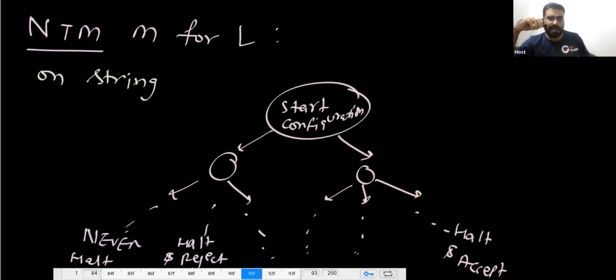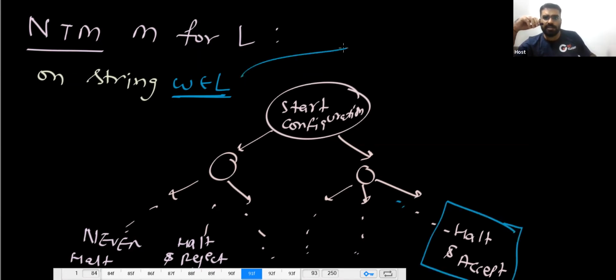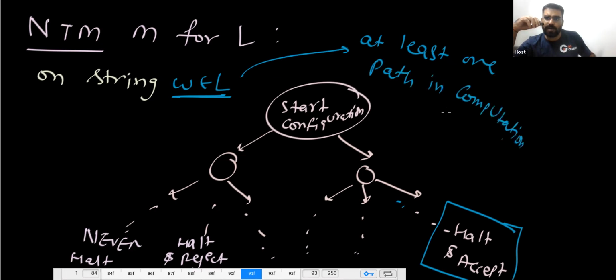Then at least one path will definitely halt and accept. At least one path in the computation tree halts and accepts.